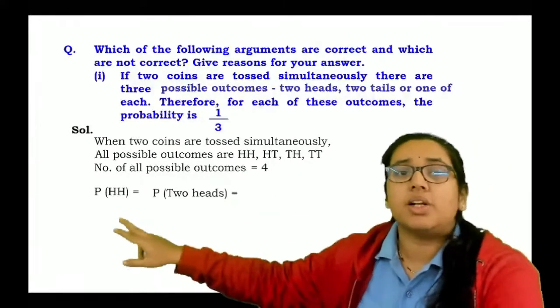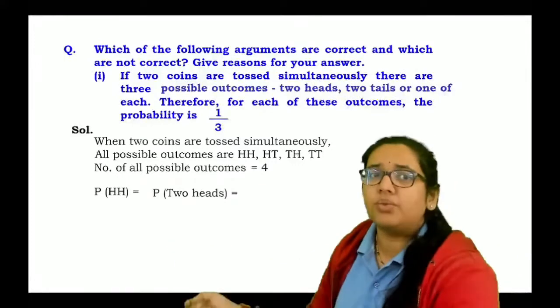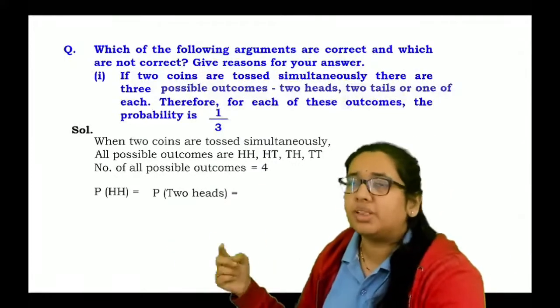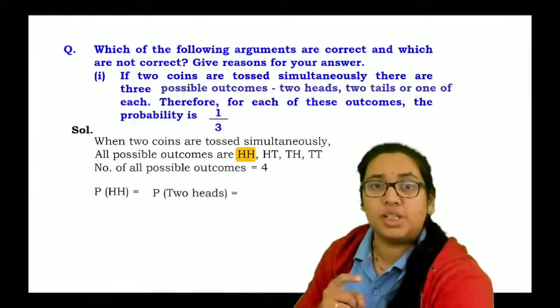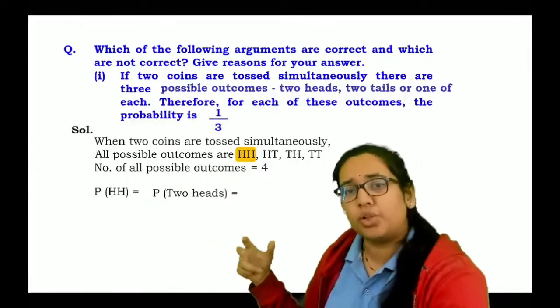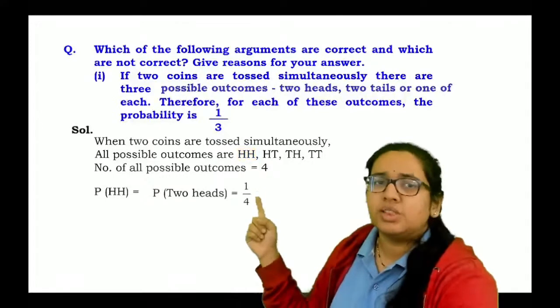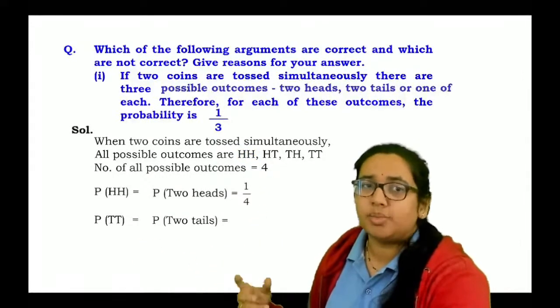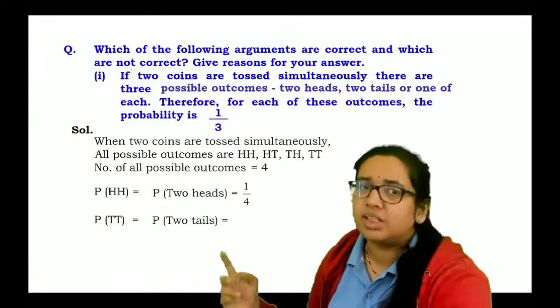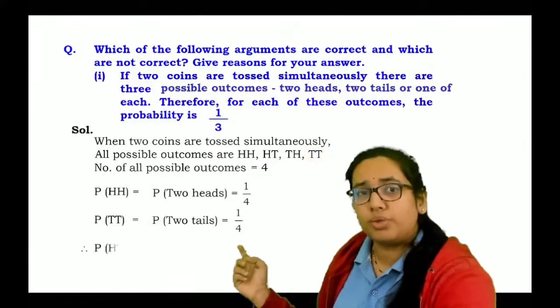Now the question is, what is the probability that there will be two heads? It means that the probability of finding two heads is nothing but the favorable outcome, which is HH. Hence, the number of favorable outcomes will be 1 only. So 1 upon 4. Similarly, the probability of TT, that is getting 2 tails, will again be 1 upon 4.